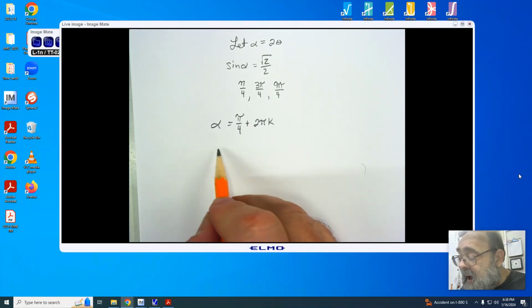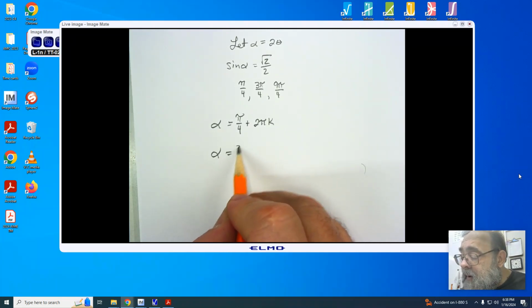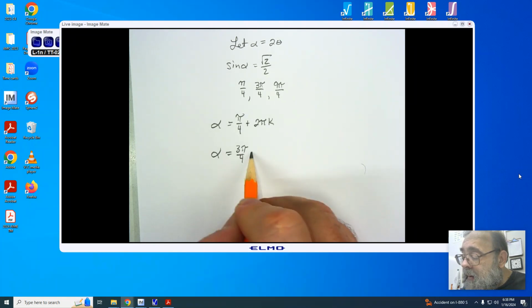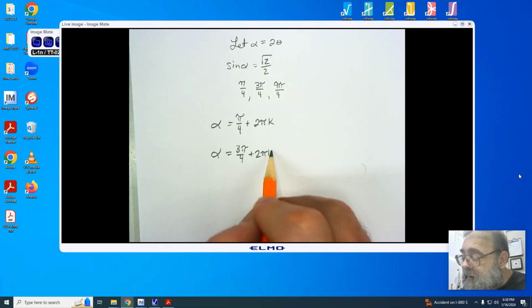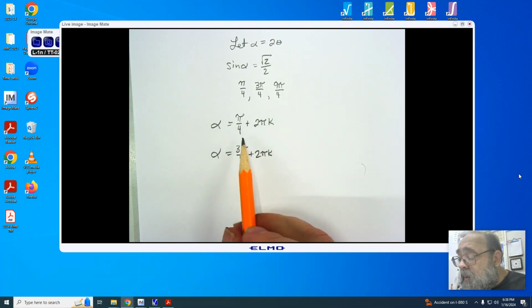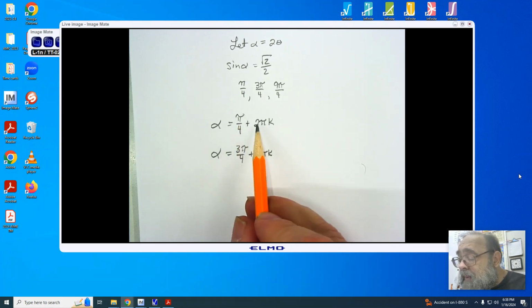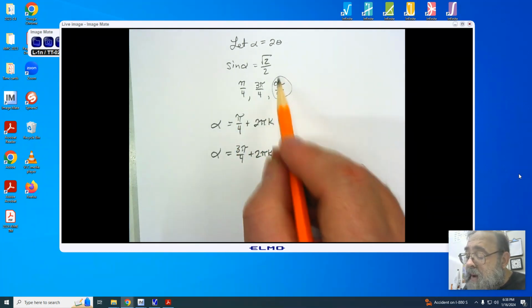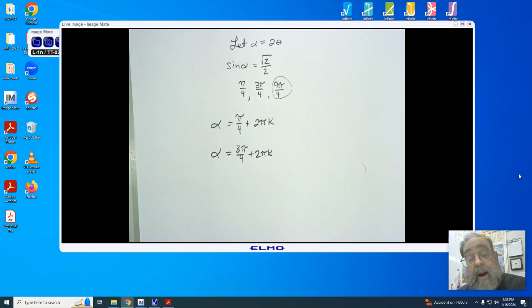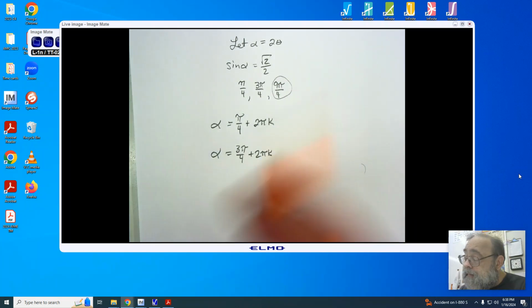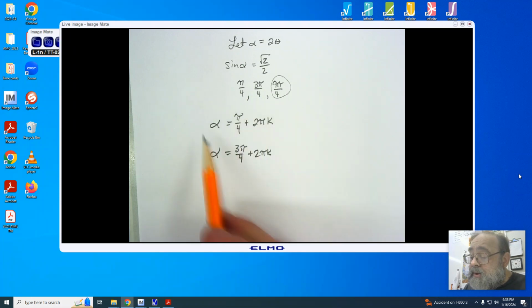Then I'm going to have alpha equal to 3 pi over 4 plus 2 pi k. And please be aware that the pi over 4 plus 2 pi k will also give me 9 pi over 4 as a coterminal. So I'm going to work with these two.